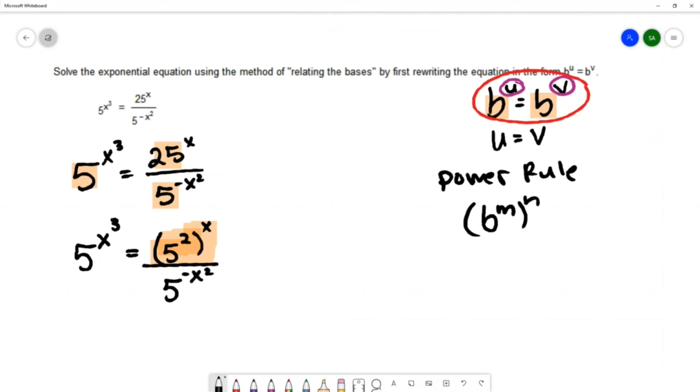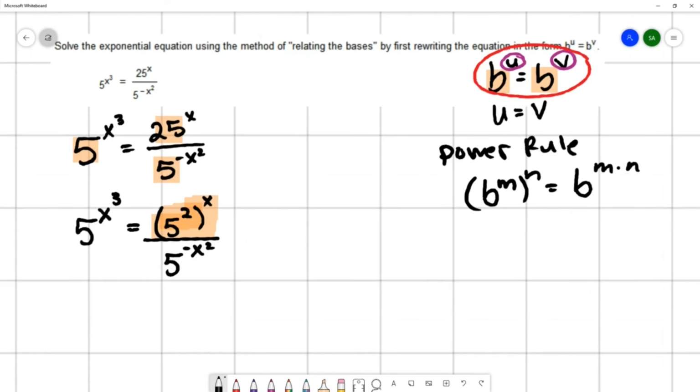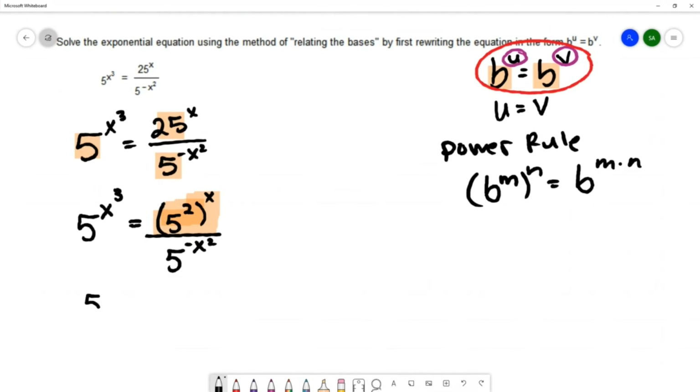If we have an exponential expression that is raised to a power, we can multiply those powers together to get b to the m times n. So that allows me to rewrite this as 5 to the x cubed equals 5 to the 2x over 5 to the negative x squared. I multiplied that 2 and x together.